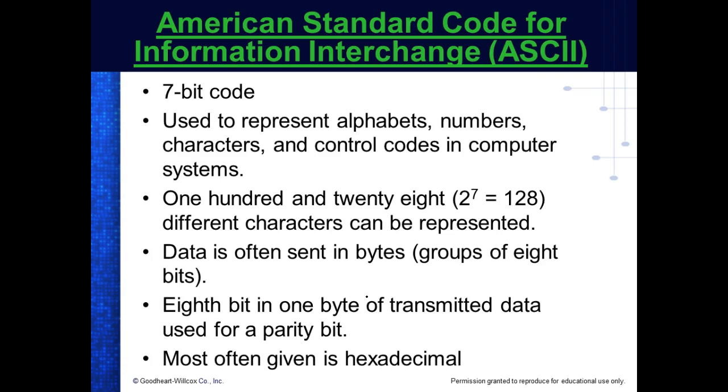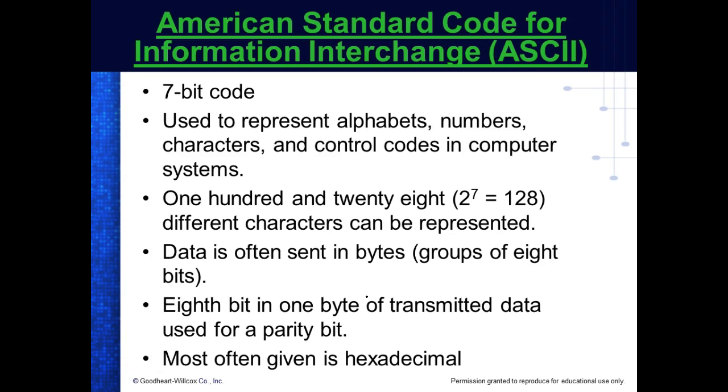It was originally a 7-bit code. By the way, you can tell the number of combinations available by taking the base and raising it to the number of digits. So a 7-bit code, that would be 2 to the 7th, which would give you 128 different combinations. So 128 different characters can be represented.